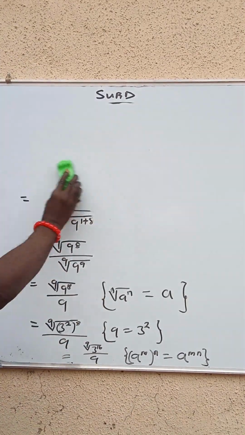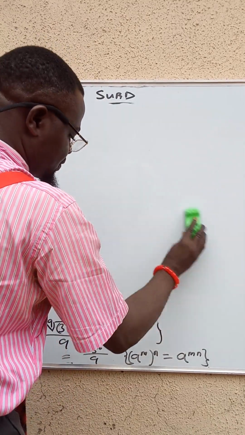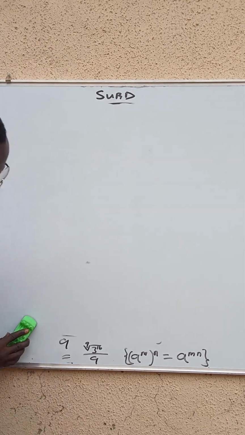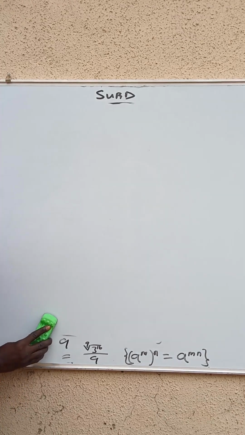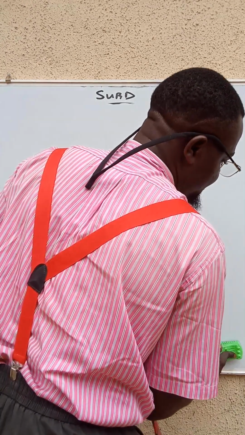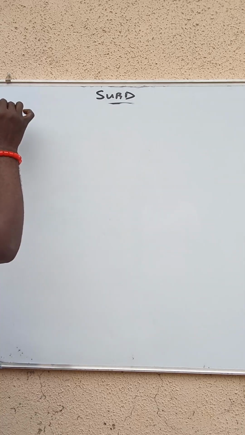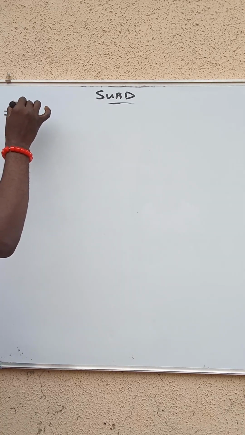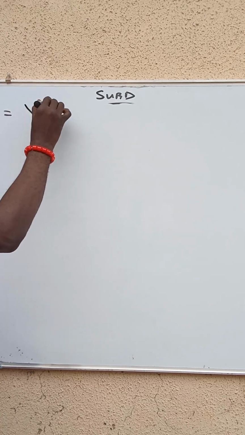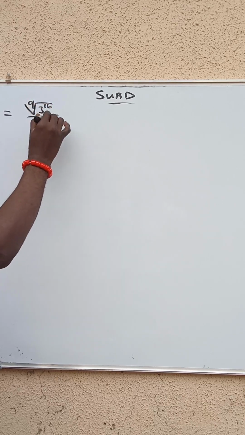Right? So what will you do again? Remember, what we're having from there is the ninth root of this over this. So this is what we have from the down. The ninth root of 3 raised to the power of 16 over 9.